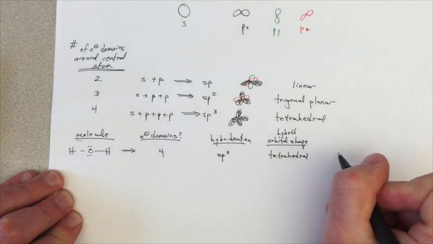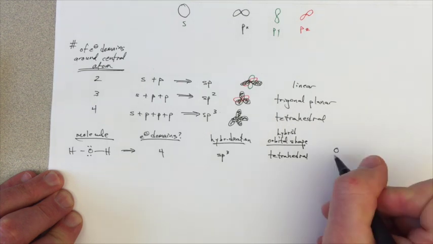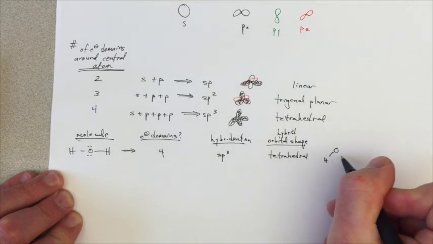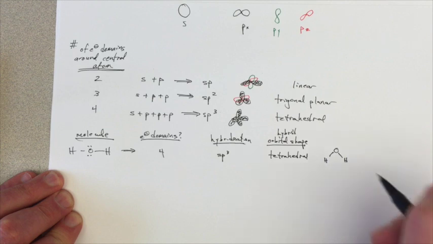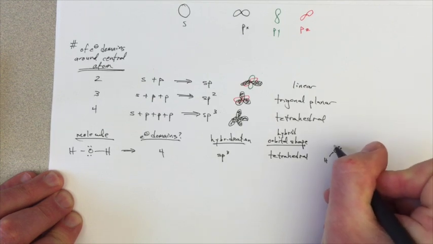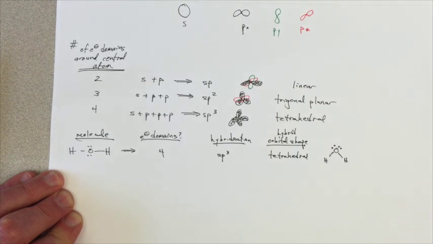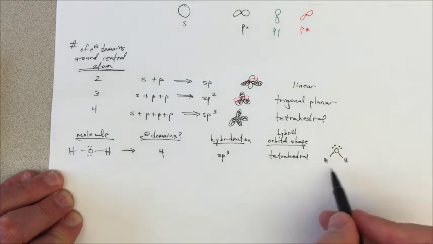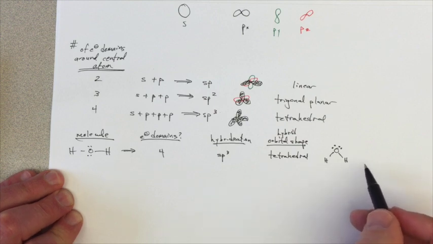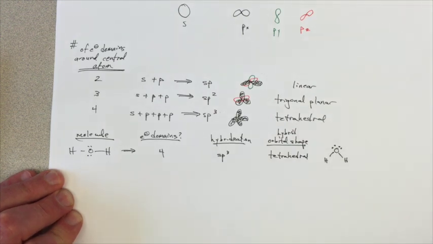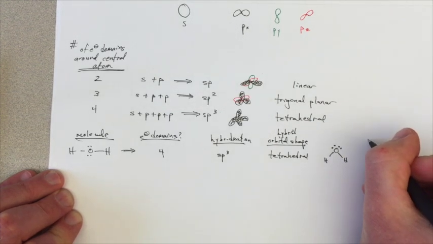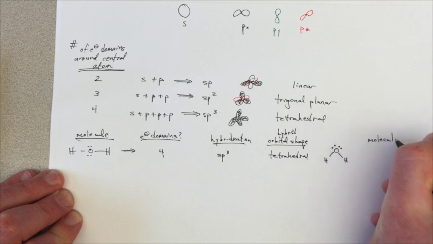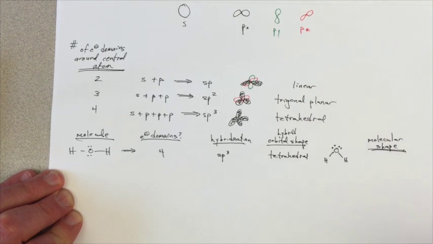And if we were to draw it, we might imagine here's the central atom, one of our hydrogens here, the other hydrogen there, and the other 2 locations on our tetrahedral are taken up by lone pairs. Now, if we describe water as having a molecular shape of tetrahedral, that wouldn't be quite correct, right? The electron domains are arranged in a tetrahedral pattern, but when we think of the molecular shape, we're really just talking about the atoms that make up the molecule.